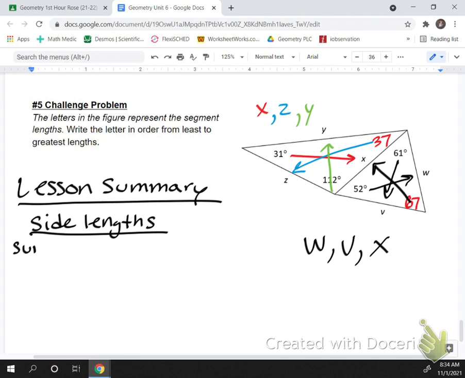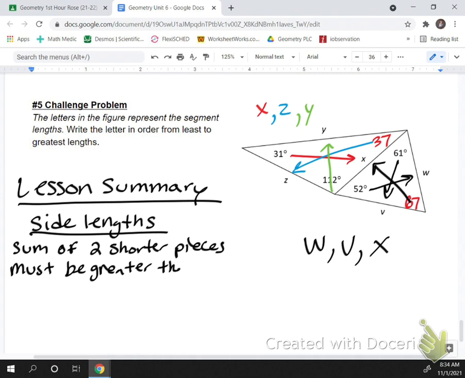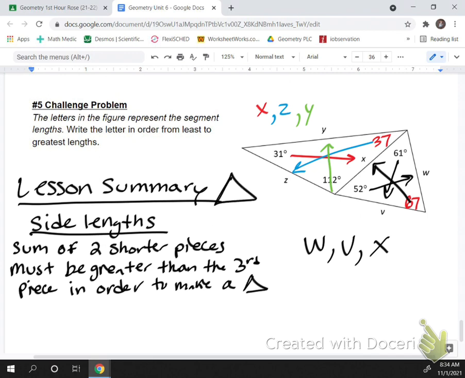We said the sum of the two shorter pieces must be greater than the third piece in order to make a triangle. Okay? And these are all triangle properties here.